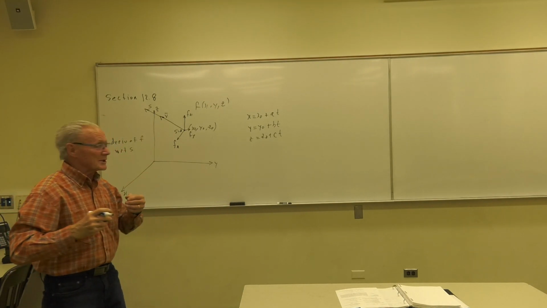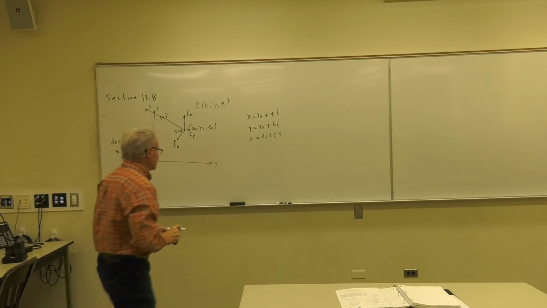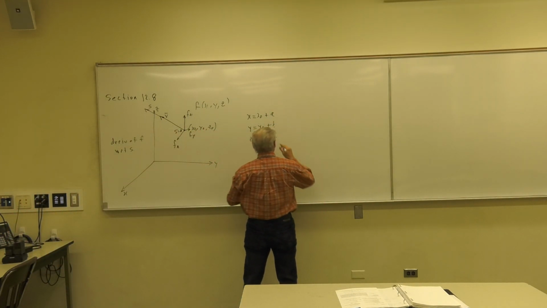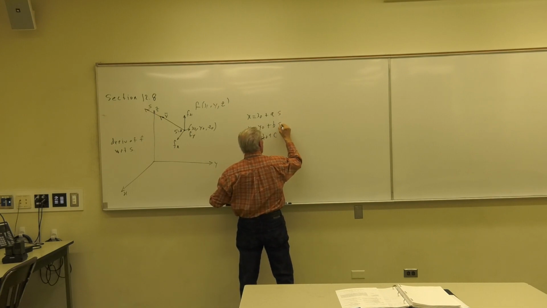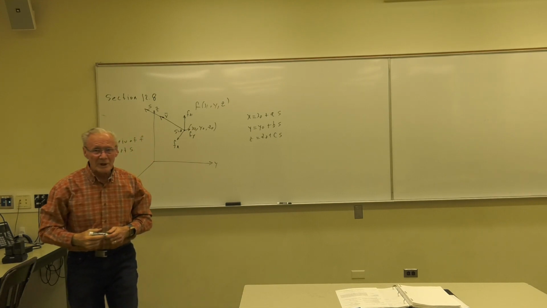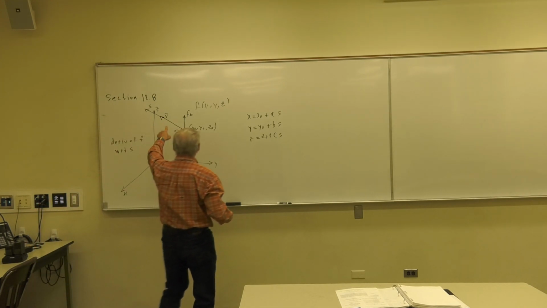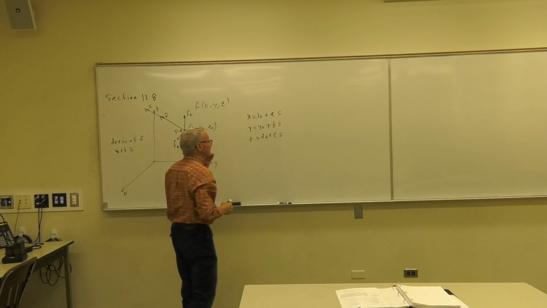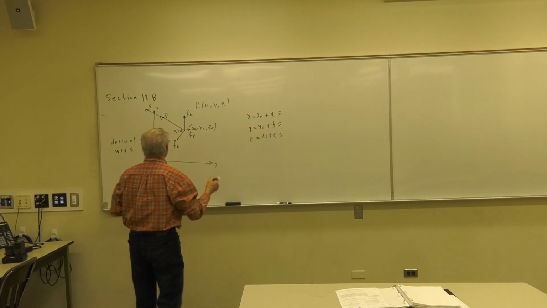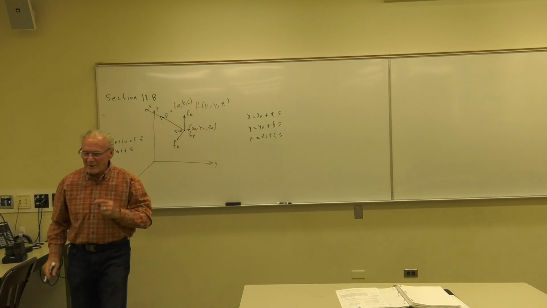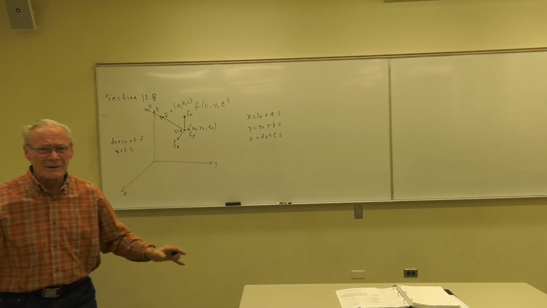But I want things expressed in terms of s. So I'm going to use s as a parameter, not some arbitrary t. So x0 plus as, y0 plus bs, z0 plus cs. Those would be parametric equations of this line where a, b, and c would be any vector along the line, say v equal to a, b, c. Then those would be parametric equations, and they would be valid.